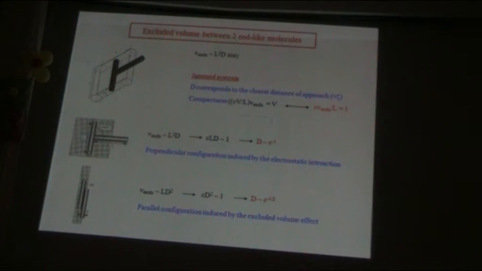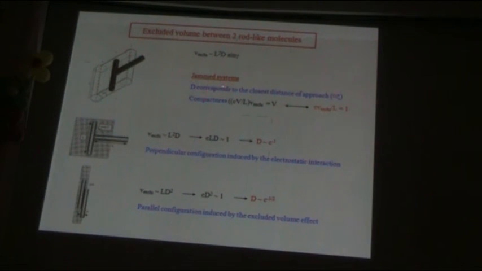How can you explain that? Of course, I consider only the excluded volume between two rod-like molecules here, and the excluded volume is proportional to the length of these objects and to the diameter of the cross-section.